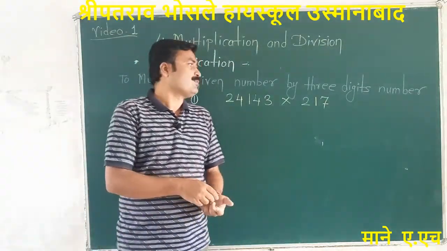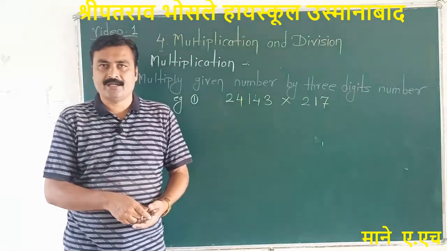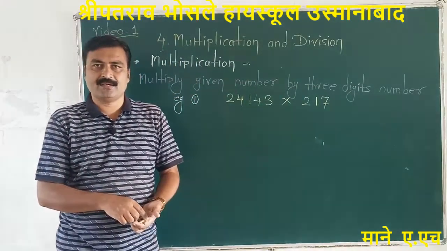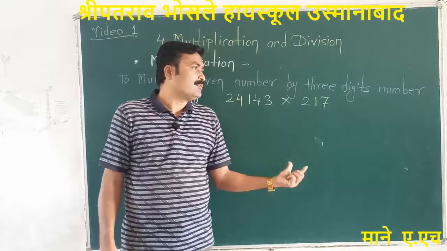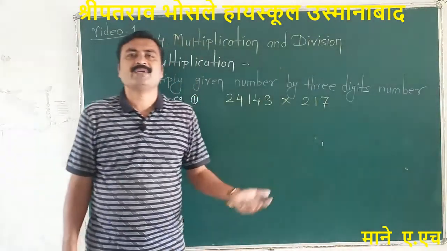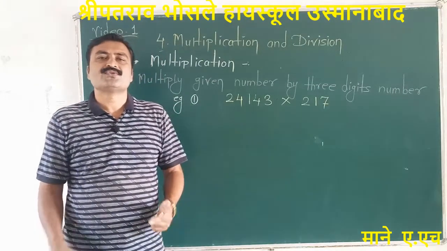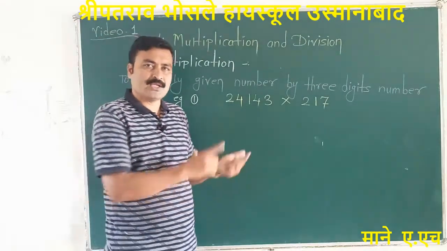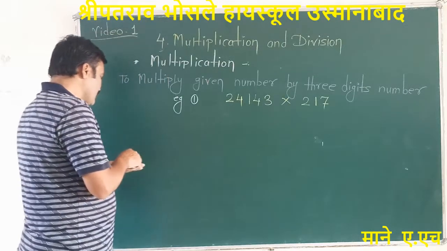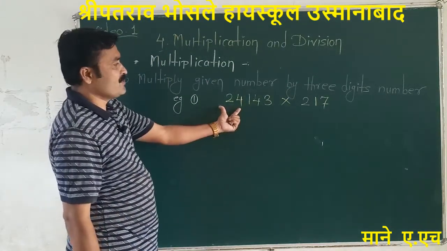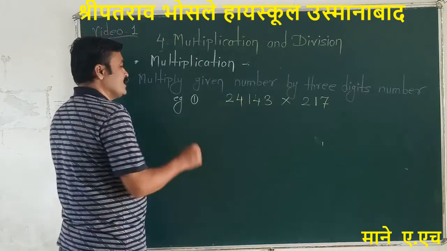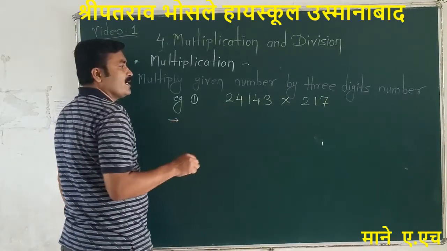Now the table of 217 we can make, but it is a lengthy process. It takes some time. So within 1 or 2 minutes we have to complete this example. So how to complete this multiplication? Here, the example that I am writing is in its horizontal method. So let's continue with the vertical arrangement.